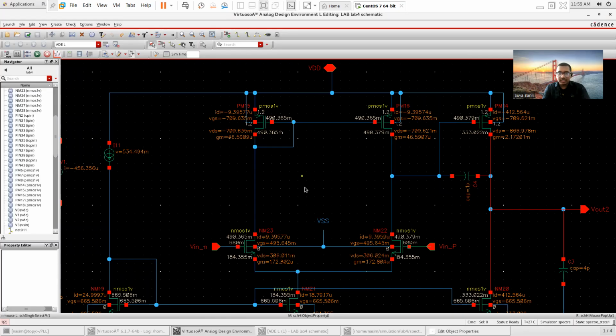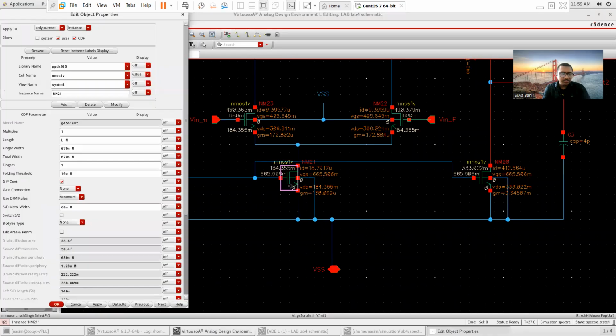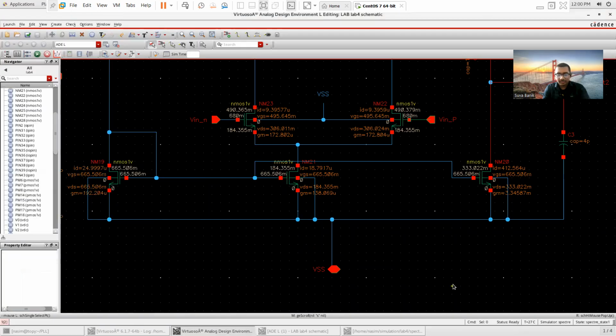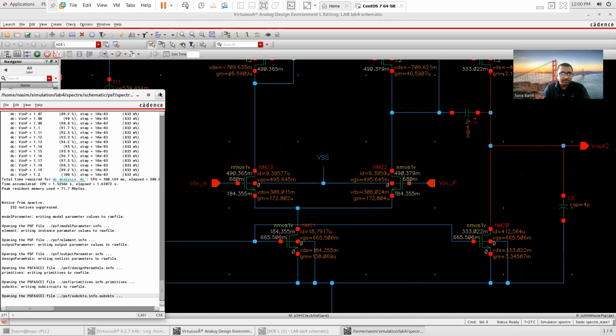But for the same, I have to check my all of the transistors should be in saturation. The rest of the circuitry are same. Here, I will also increase a little bit width of this transistor. Now, if I do the simulation, then you can find every parameter.